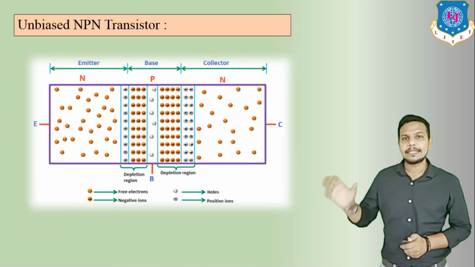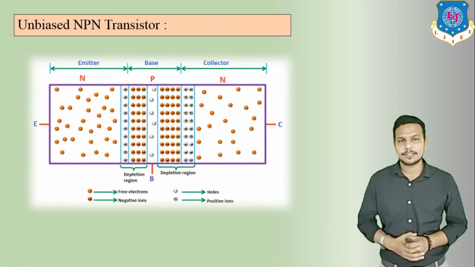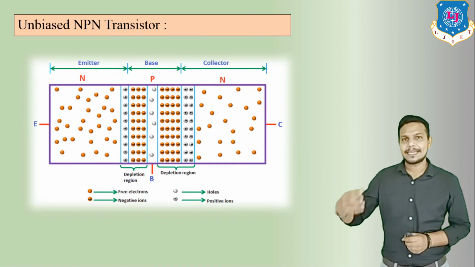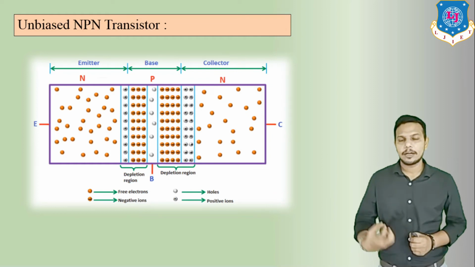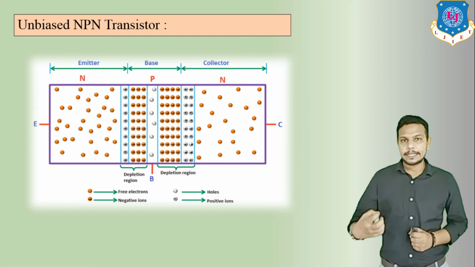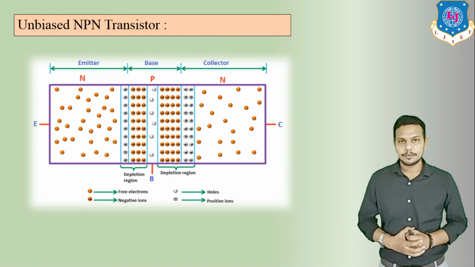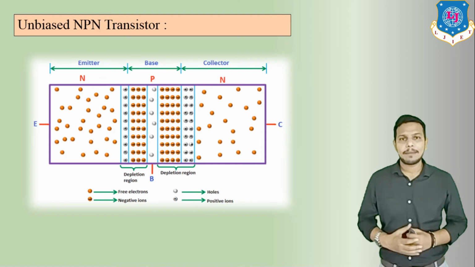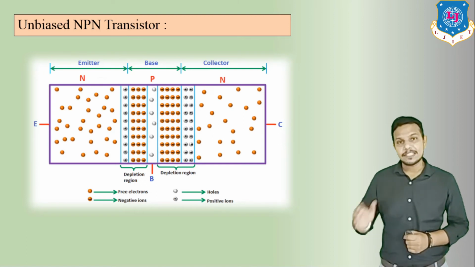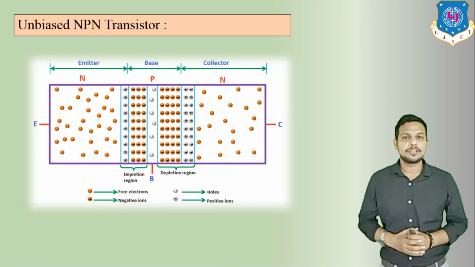Now, this is the unbiased NPN transistor. We already studied this in the PN junction diode. Whenever it is in unbiased condition, that means there is no DC supply, there is no battery connection. At this time, the depletion region is created, as we discussed in the PN junction diode.